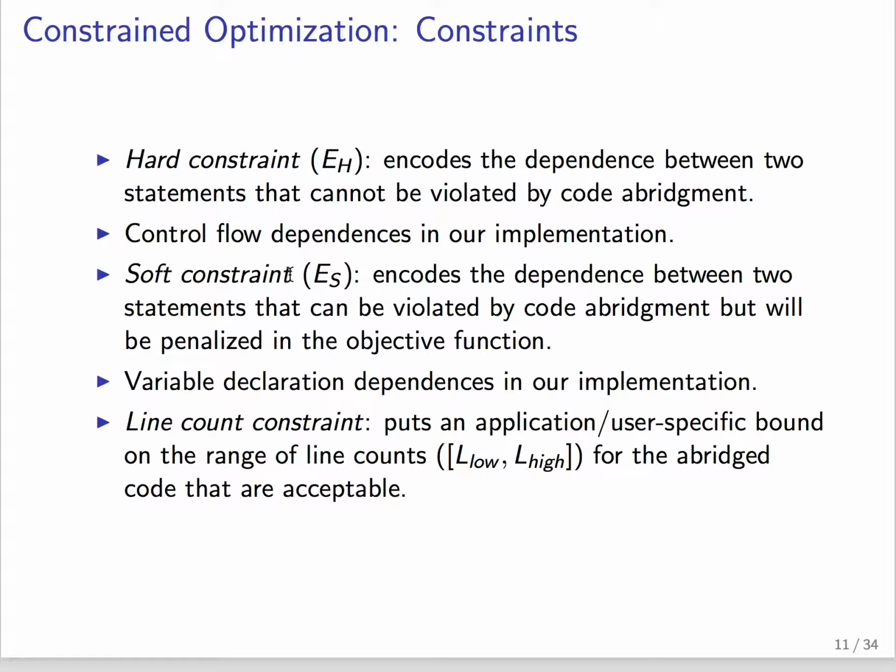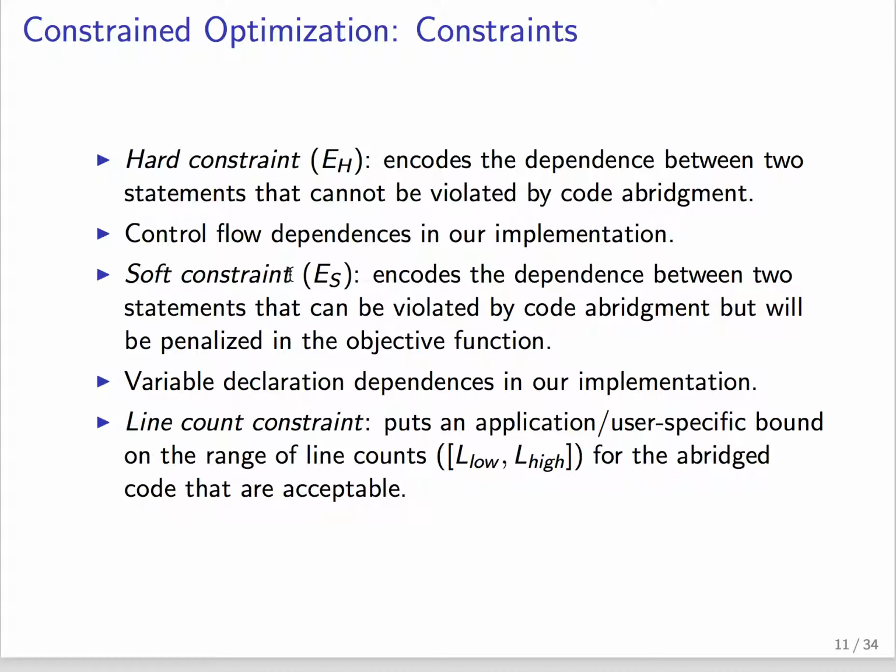In our experiments, we decided to use the control dependency as the hard constraint. I'll explain this a little bit later with an example. Another kind of constraint is called the soft constraint, which includes the dependency we would like the abridger to keep.